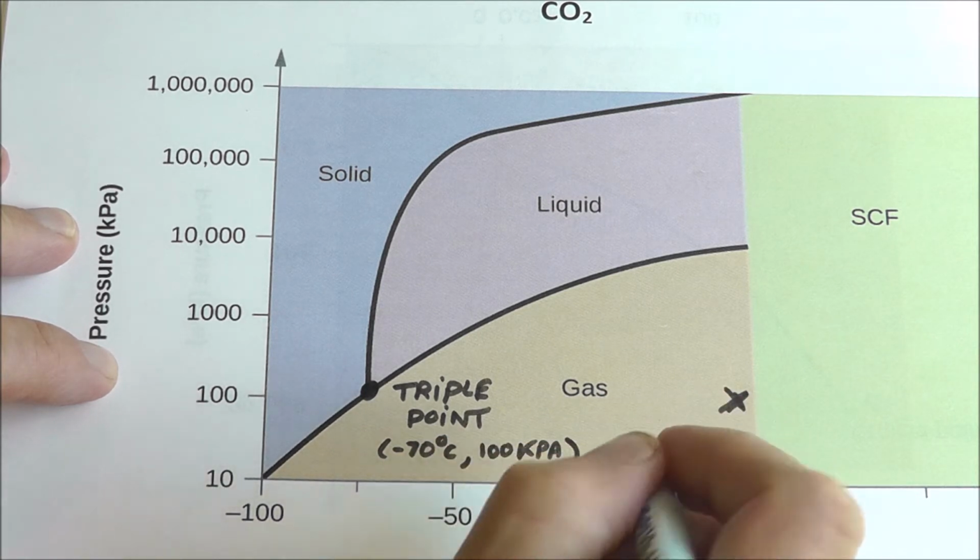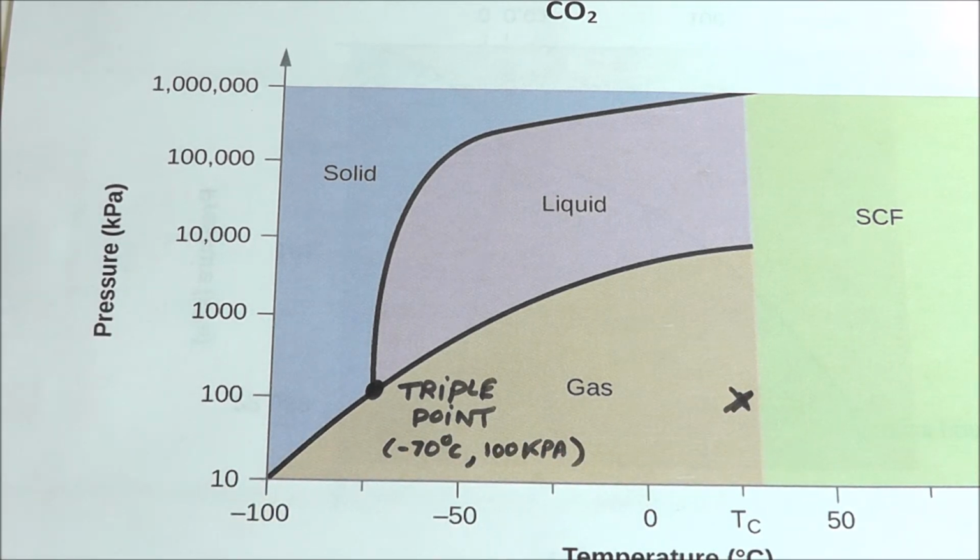What's the big deal about the triple point? It's a way in one set of data to kind of describe the substance. So the lower the values are for the triple point in both pressure and temperature, the greater the intermolecular forces are going to be.